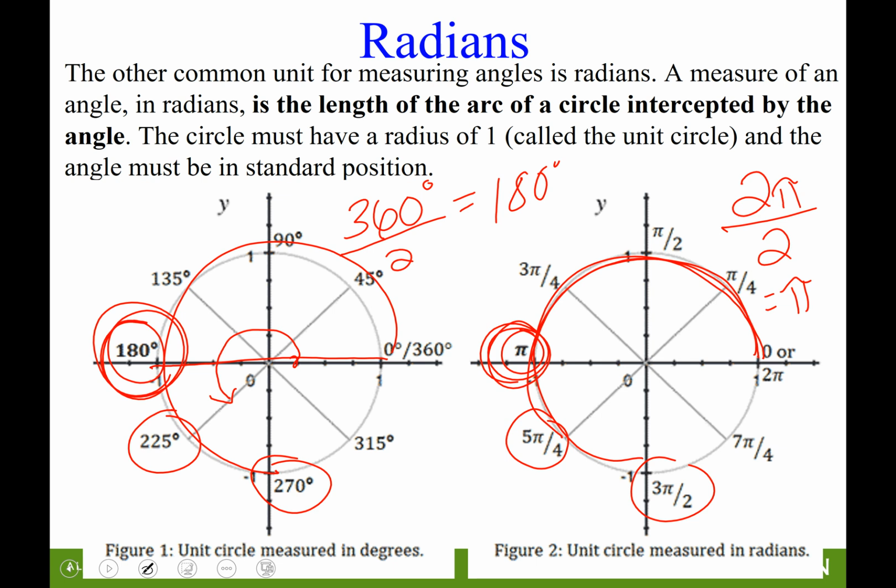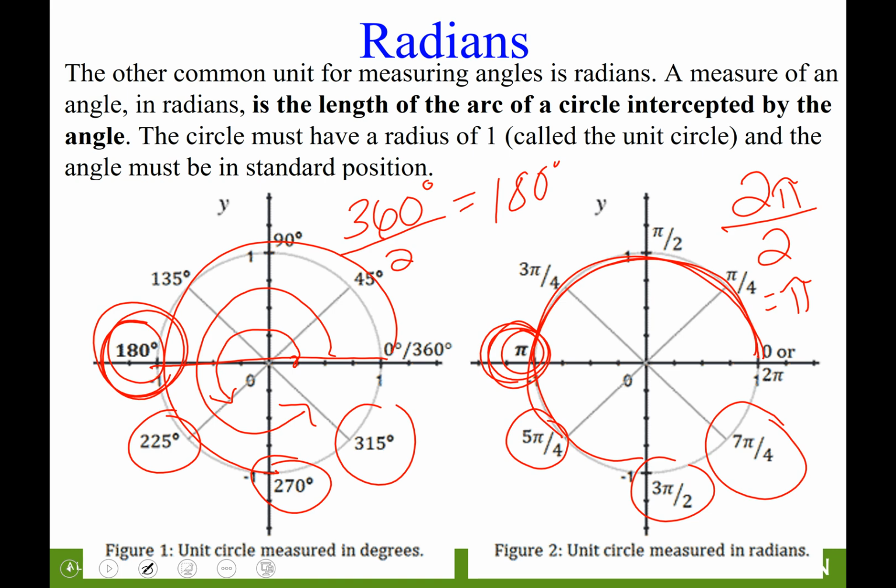Almost all the way around the circle, so now we're at 315 degrees. Excuse me. All right, almost all the way around the circle, 315 degrees is an arc length of 7 pi over 4 radians.